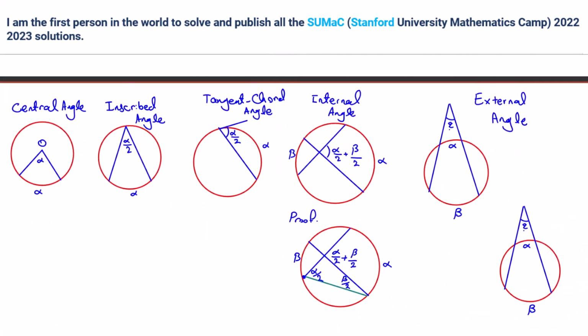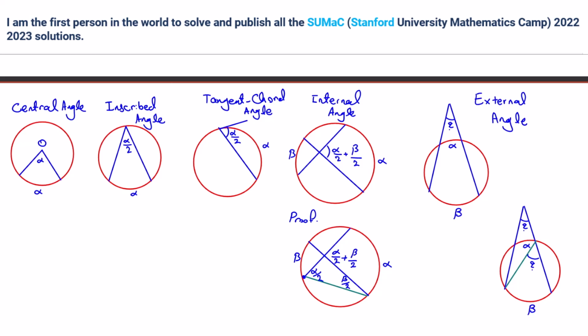Is it beta? No, not beta. Let me connect these 2 points again, okay? What's this angle equal to? Which one? I didn't see what you pointed to. This one. 180 minus A. No. Look.